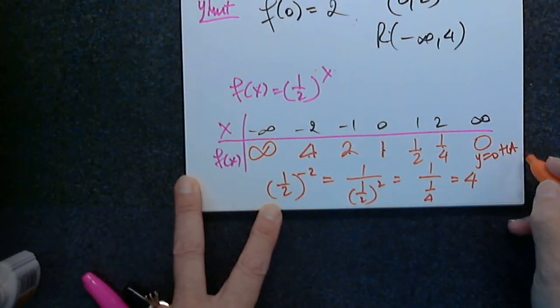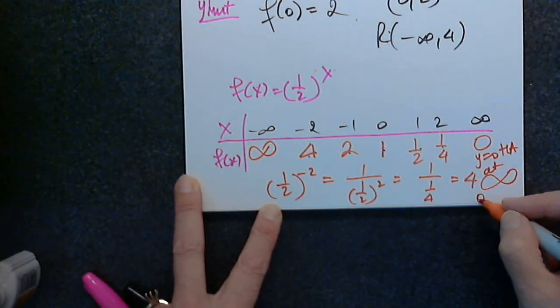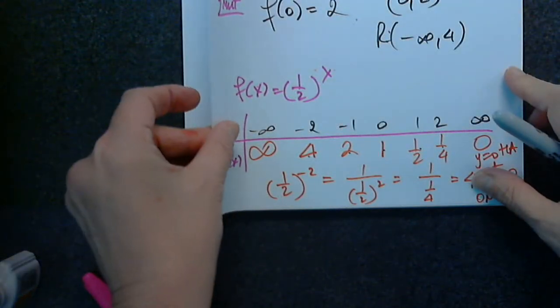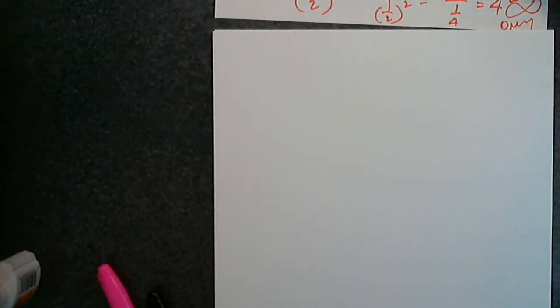It's a horizontal asymptote at infinity only. The previous one looked like this, right? This one will look like this. Let's graph it. So please remember, the exponential function has 2 options.